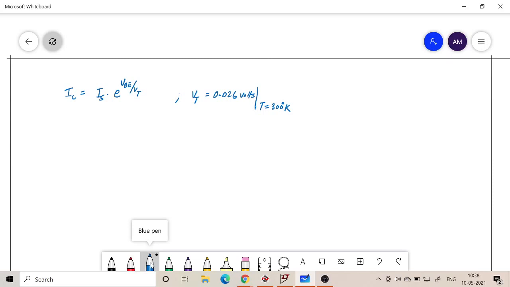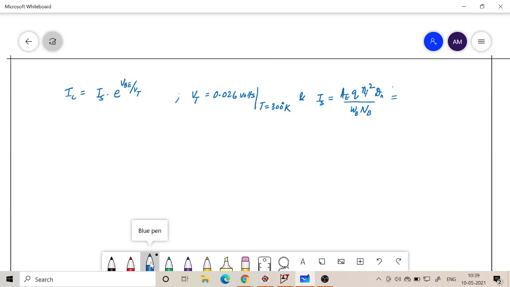And the other constant we have is IS. So these are the two constants. This IS is given by area of cross section multiplied by charge of electron multiplied by Ni squared multiplied by diffusion constant, divided by width of the base region and the doping concentration of the base region. Ni is strongly dependent on temperature.